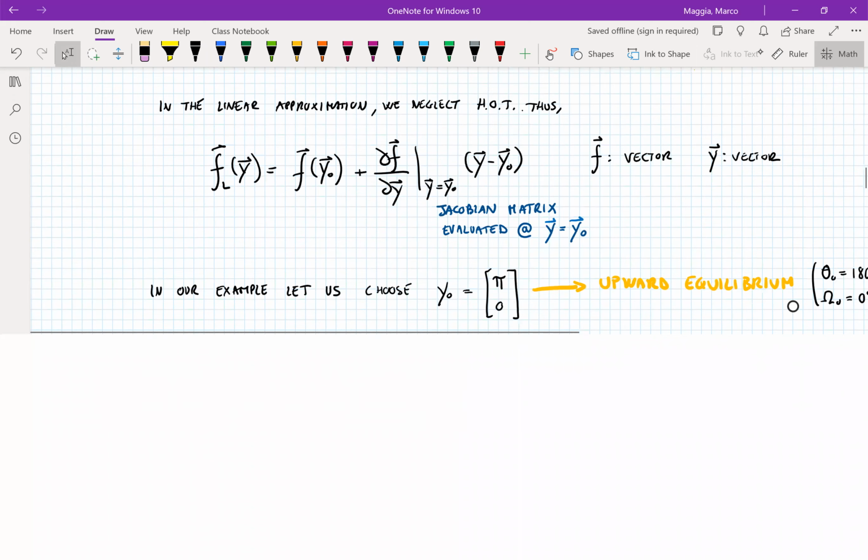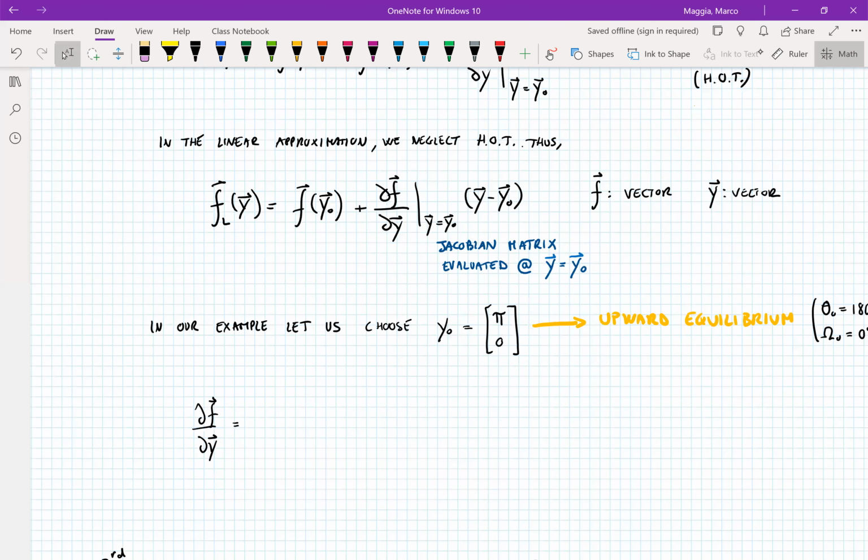And the partial derivative of f with respect to the state y, since f is a vector and also y is a vector, is a matrix. It's actually a square matrix known as the Jacobian.